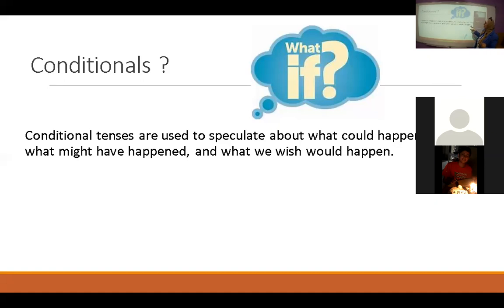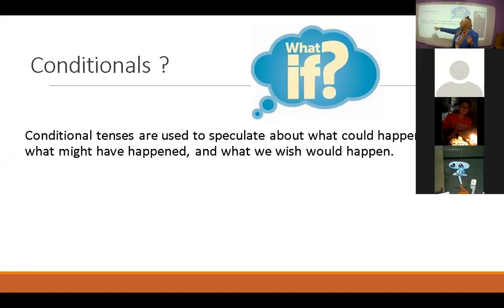It's okay if you unmute yourselves. What could happen in the future. What might have happened in the past. And what we wish would happen? Prediction for the future. Now, these are the cases in which we need the conditionals.